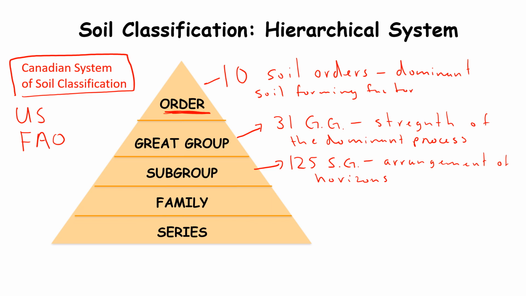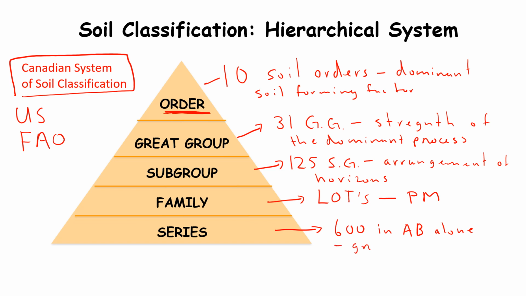And then at the family level, there's lots, and I don't expect you to know beyond the subgroup level. In this class, we're going to focus on 5 different soil orders that I want you to know to the subgroup level. The family is based on parent material, and at the series level, there are 600 different soil series in Alberta alone.